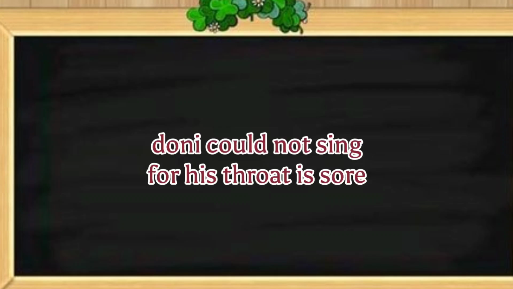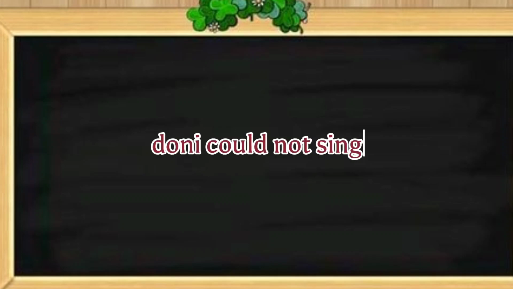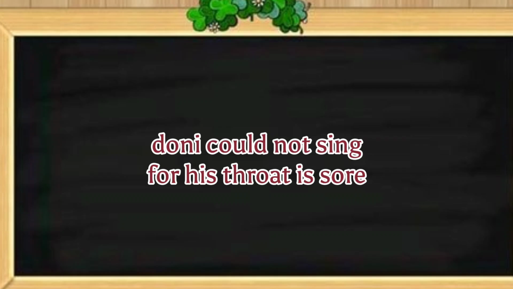Next, the example: Johnny could not sing, for his throat is sore. Remember, "for," "as," and "because." We use "for" in the middle of the sentence, because usually "for" is in the middle of a sentence. It is rarely used at the start.